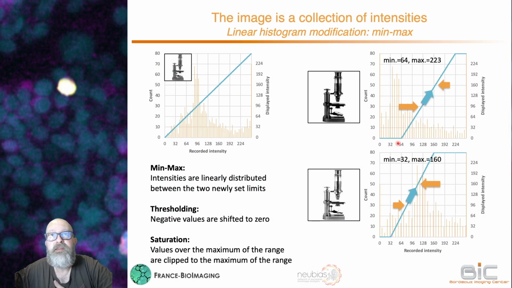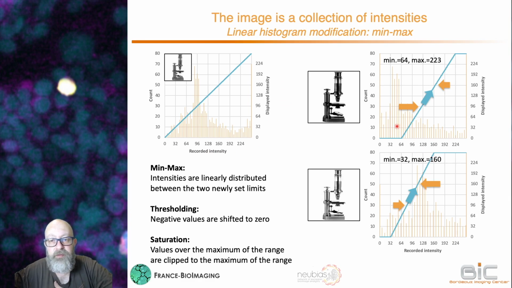So this is what is exemplified here. In fact, you've got the regular histogram displayed in brightness and contrast with all the recorded intensities and the count of pixels carrying each individual intensity. And at the same time, you've got this line which reflects the way you associate the recorded intensities to the displayed intensities.